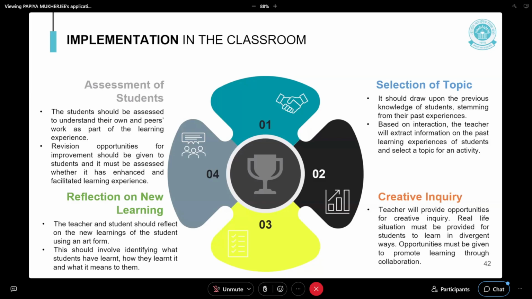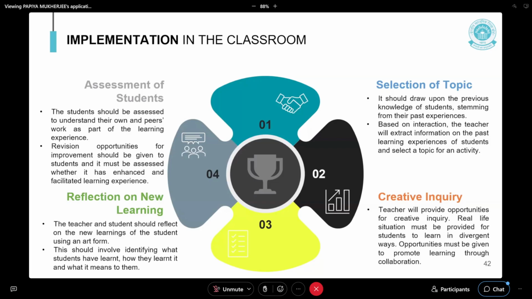That topic has to be taken from the previous knowledge of the students, stemming from their past experiences. The teacher must extract information on the basis of interaction with the students, find out the learning experiences of the past of the students, and select a topic.